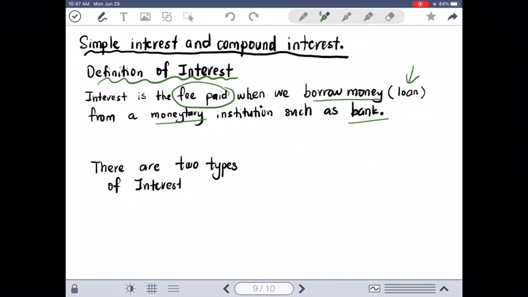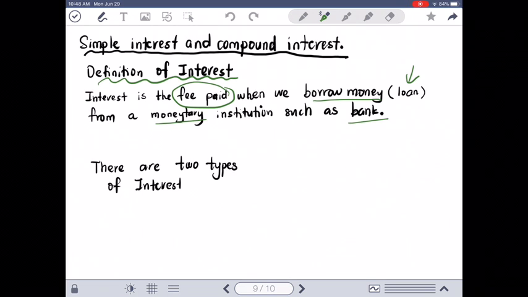This charge is known as interest. I hope you are clear what is the definition of interest. So the extra charge that the monetary institution like banks charge you when you borrow money from them.